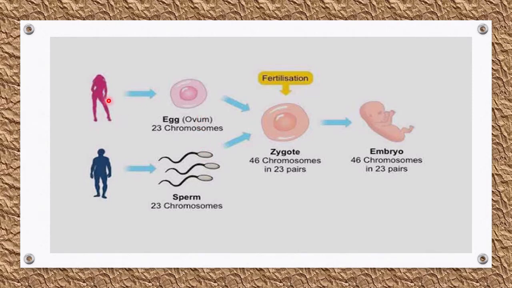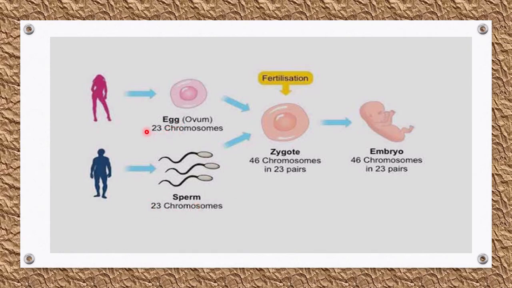The female cell, that is the egg cell, will be generated through the process of meiosis, during which the number of chromosomes is halved before fertilization. Only the egg cell will participate in fertilization from the female, and from the male the sperm cell will participate, and before that they halve their chromosome number.